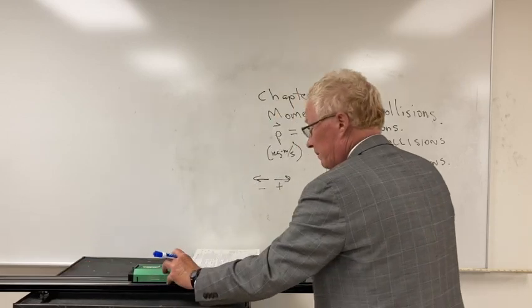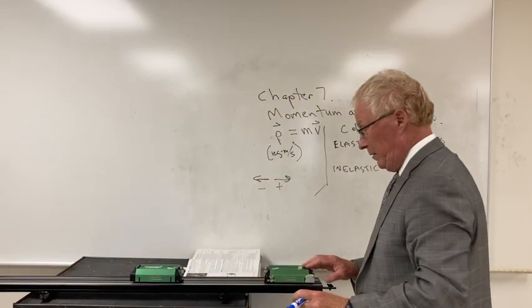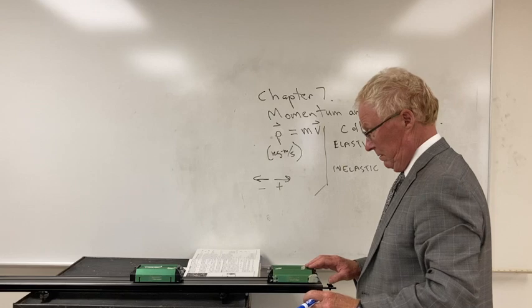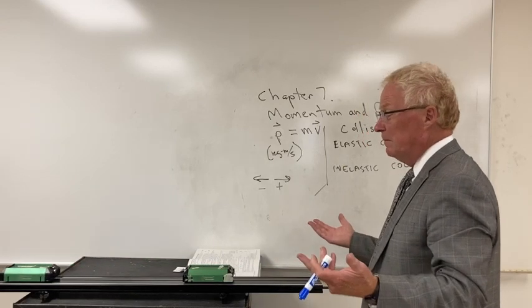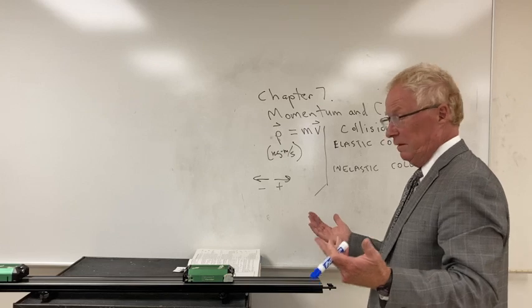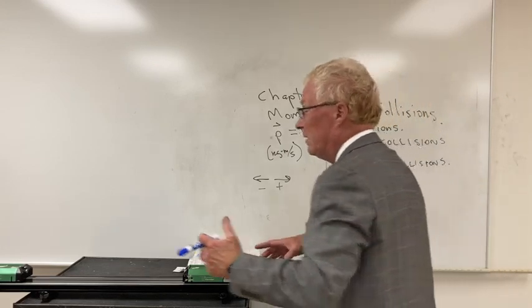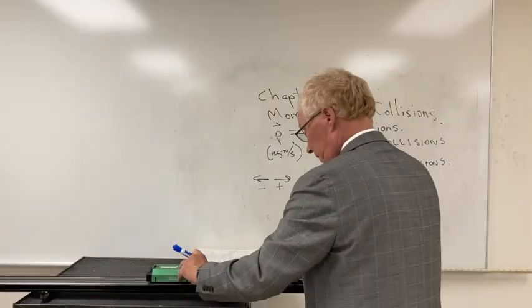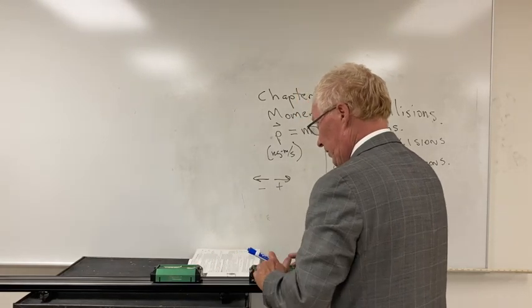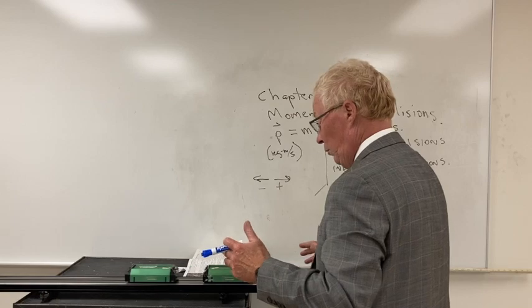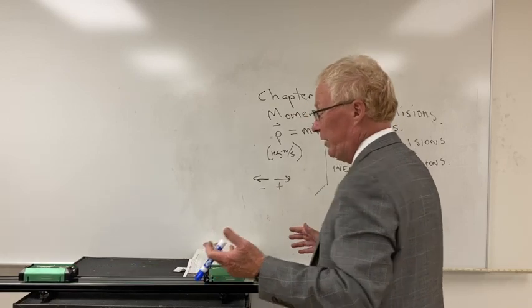If I take B and aim it towards A, notice what happens. We have a totally elastic collision, right? Because they're equal mass, all the energy is transferred from one to the other. There's no loss in energy between the two.